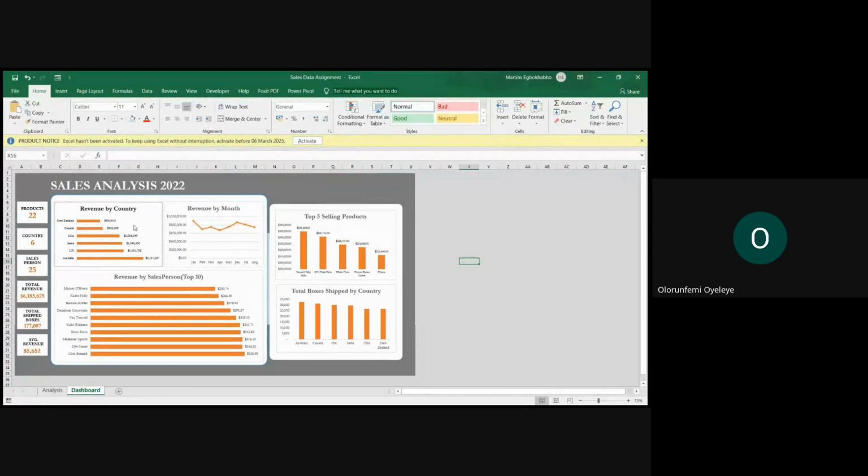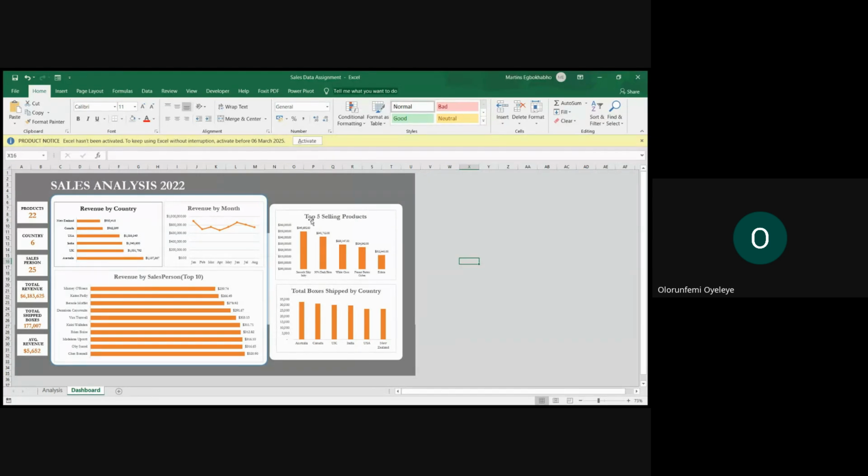And here we can see the revenue by month, where January has the highest. The highest money was made in January, a total of approximately 896,000.